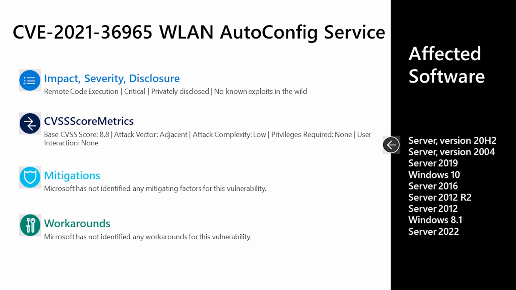As we can see, the base score is 8.8 on a scale of 10, and that may not be the highest score that we've seen this month, but it's still elevated, and please take note of this vulnerability. The affected software, as we can see on the right-hand side, is all versions of in-support Windows.